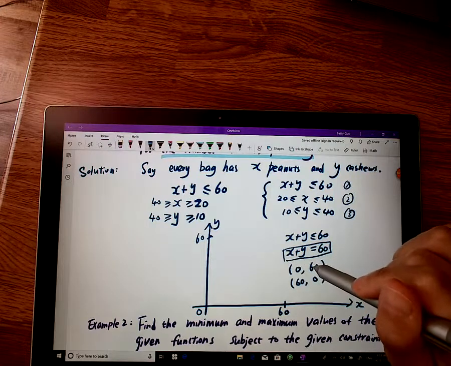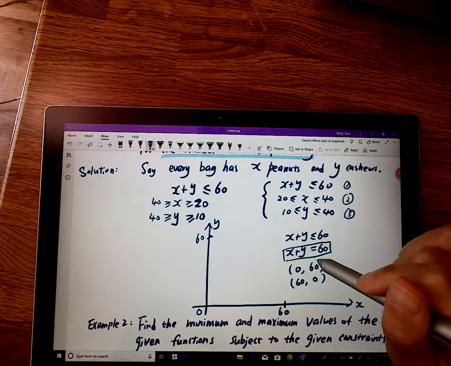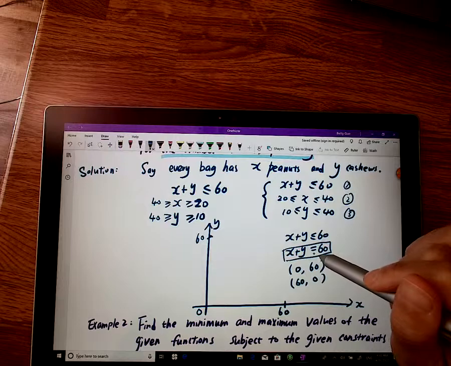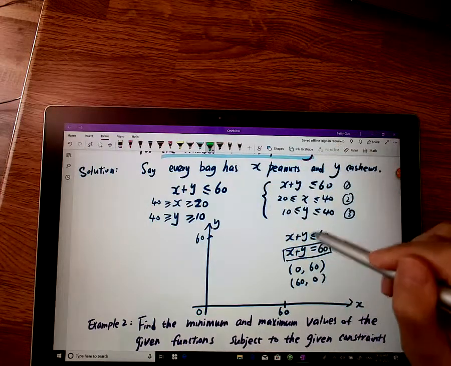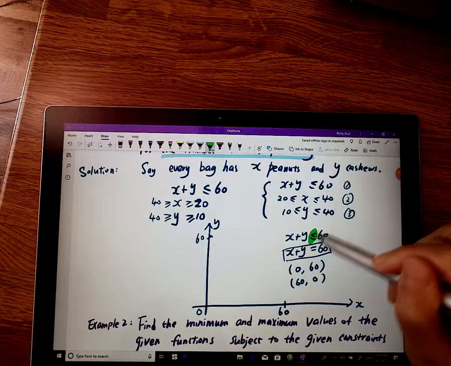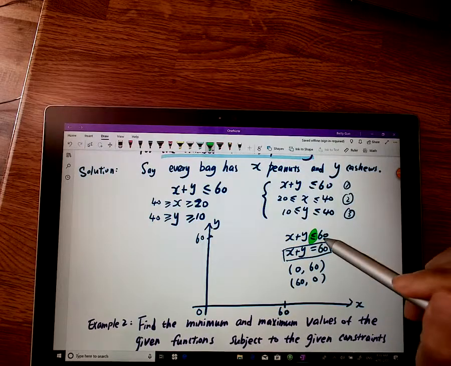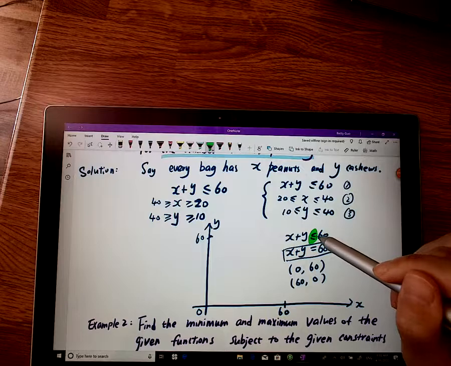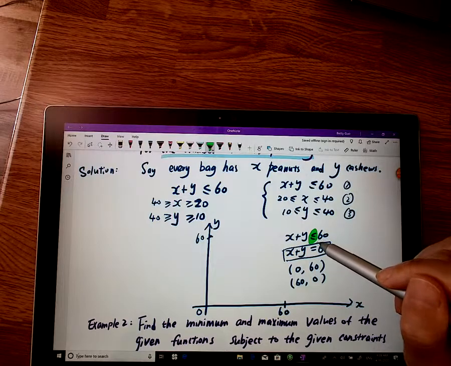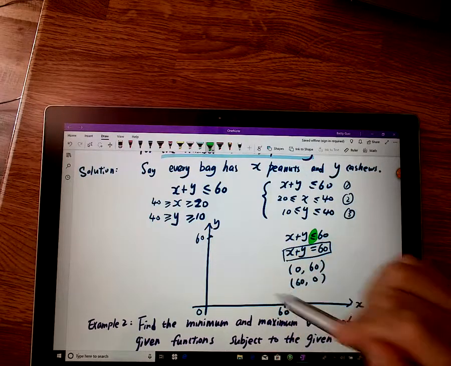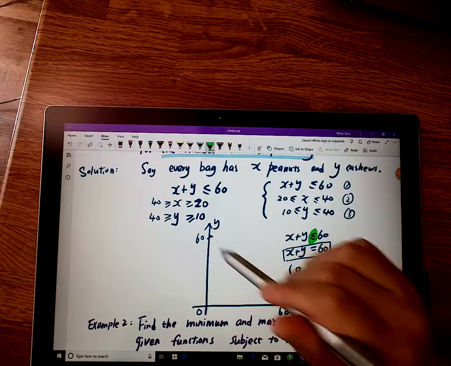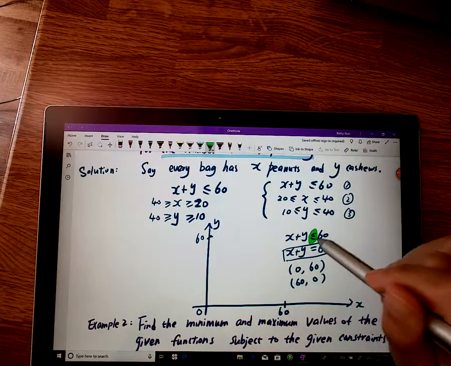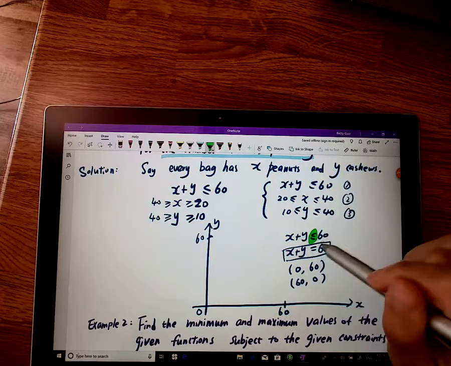Are we going to draw the boundary line as a dashed line or a solid line? Since the inequality symbol in the original inequality is less than or equal to, we are going to graph the boundary line solid, because the points on the line are solutions of the system.